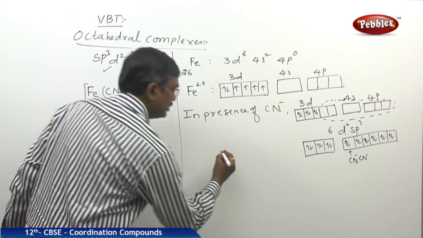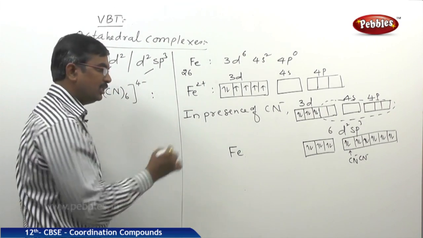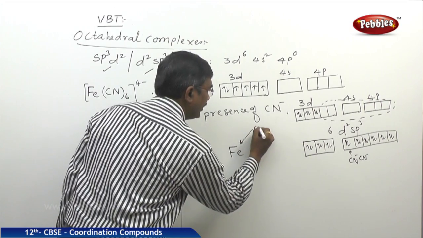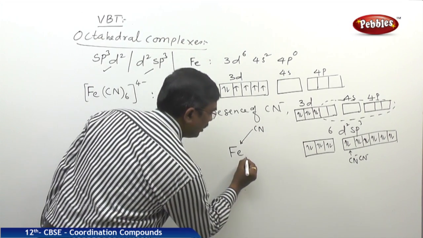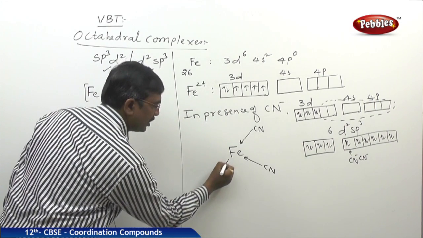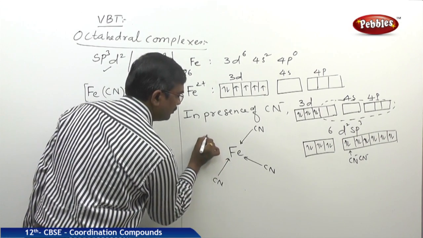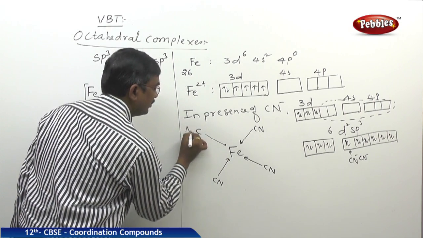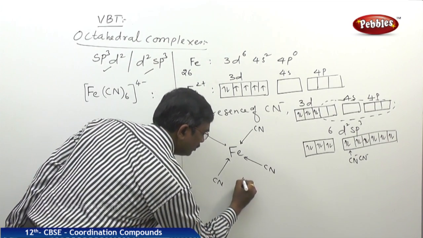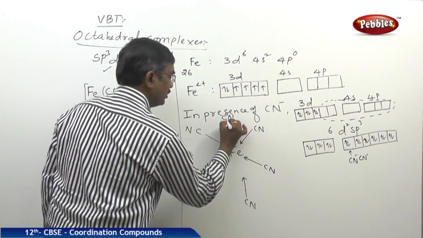Around this is the central atom iron. You can see here the arrangement of the corresponding ligands. This is able to give 1 electron pair, CN, another electron pair, this is also a CN group. This is another electron pair given by CN minus, another CN, and here also we can see 1 CN.